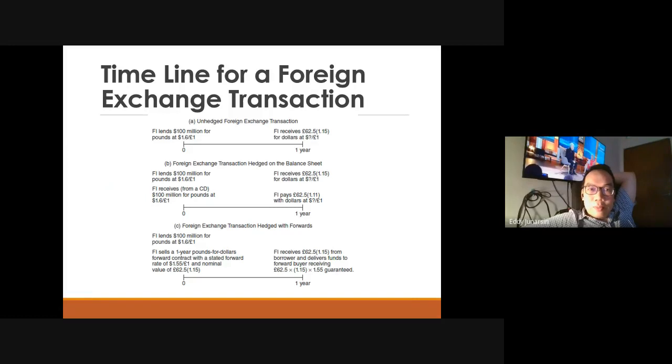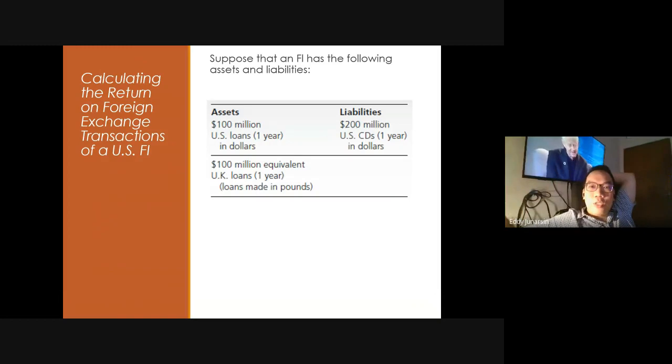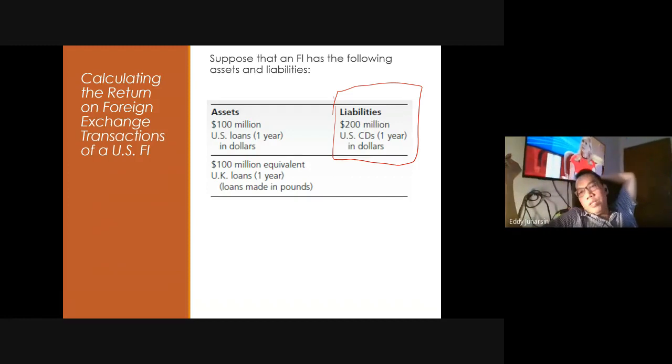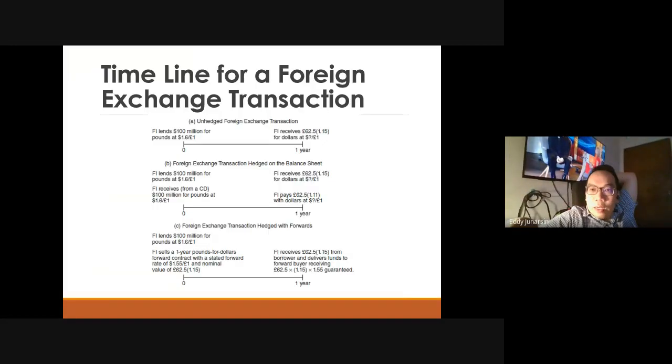Yeah, here's the situation, right? So you have the liabilities that you raised, right? $200 million, okay? And say how much is the interest rate?